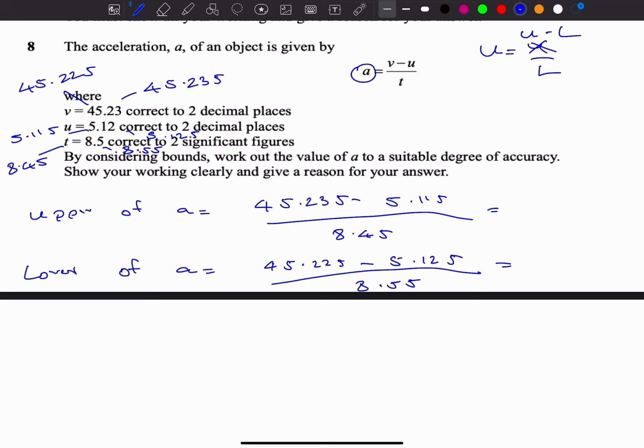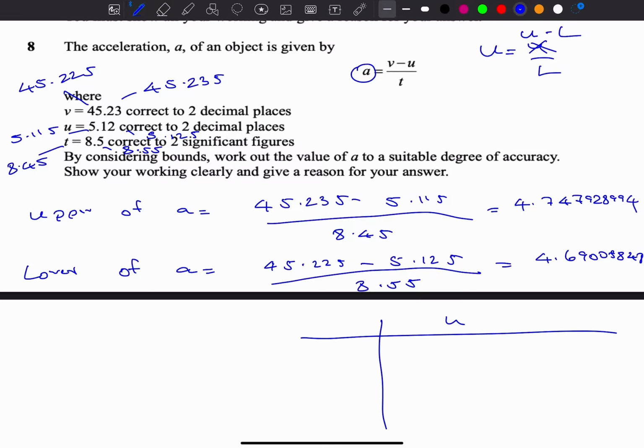Let's check. 45.235 minus 5.115 over 8.45 is 4.7479289994. And then the other one, 45.225 minus 5.125 over 8.55, is 4.69005848.